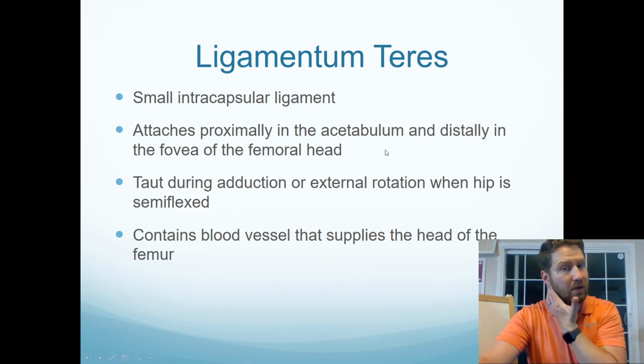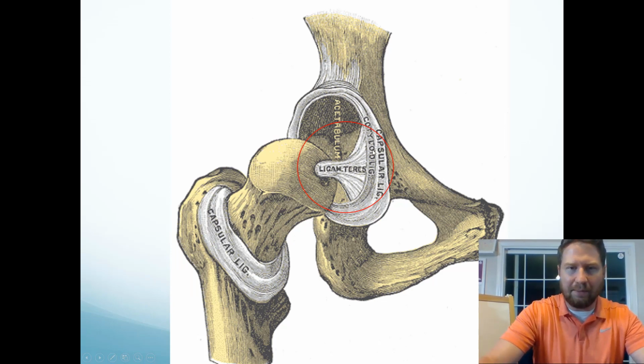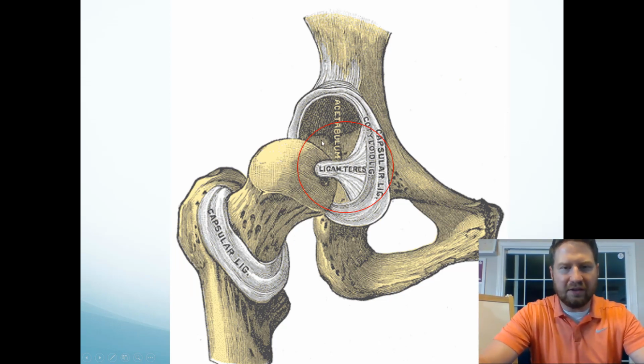But again, the surgeon was not concerned about the posterior rim of the acetabulum. He was worried about the ligamentum teres, because of that blood supply. He would have had a much shorter career if his femoral head had lost its blood supply and gone into avascular necrosis.